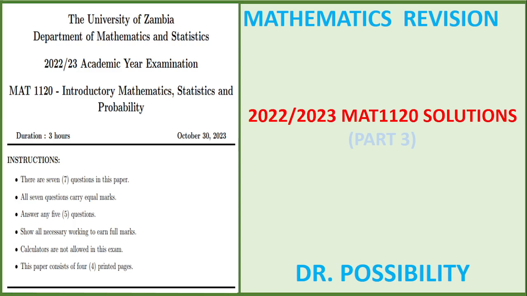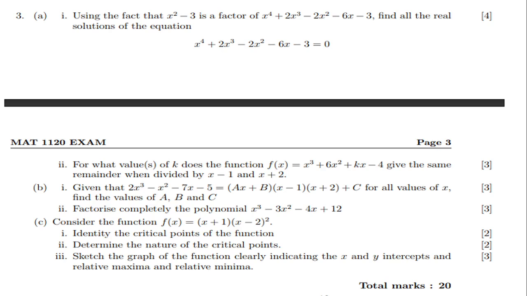So let me quickly look at the solution, of which this was the 2023 exam paper. In this particular part, which is question 3, we have been given 3 questions.